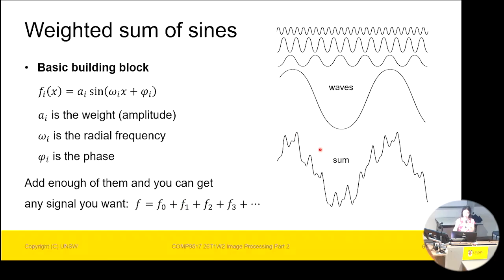Depending on how you design these sine waves and what the objective of your final function is, you will need to decide how many sine waves you need and what different parameters you need in order to approximate a certain function.